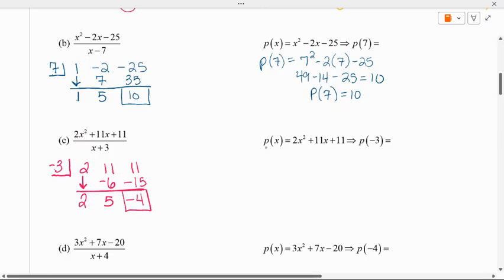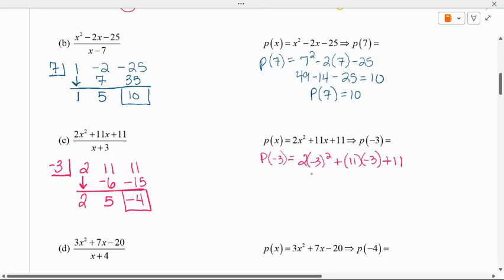Well, let's see when I evaluate this polynomial at negative 3, do I get a remainder? Do I evaluate it and get that P of negative 3 equals negative 4? 2 times negative 3, the quantity squared, plus 11 times negative 3 plus 11.